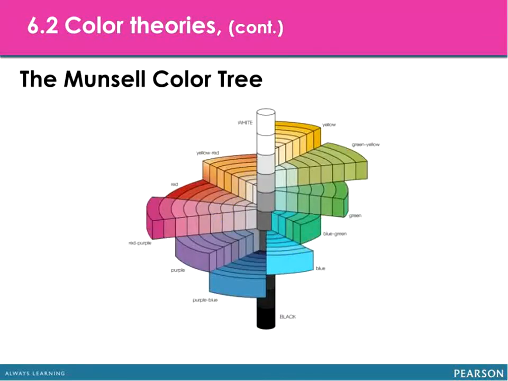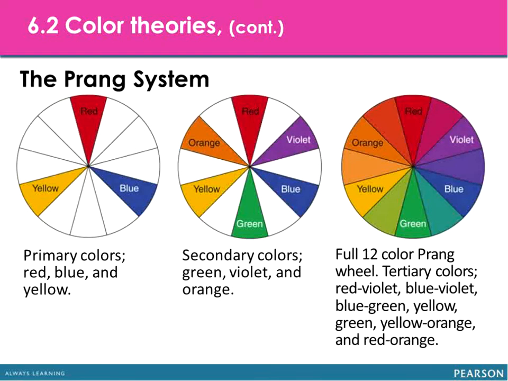Now, the Munsell color tree is a little bit harder to grasp. It has the 12 colors around, actually maybe not even all 12, and then there are stair-step gradients as they go down and up along a value scale of white to black. I'm just going to ask you to get familiar with and be able to identify colors on the Prang system.